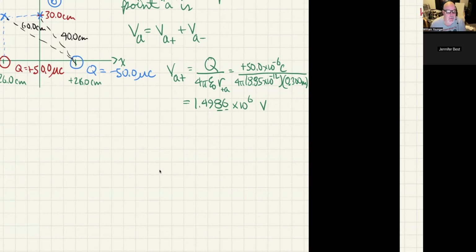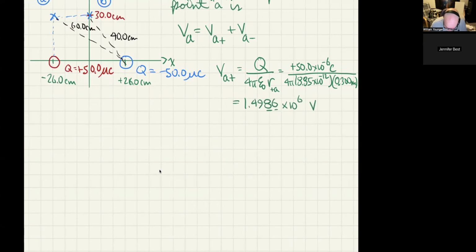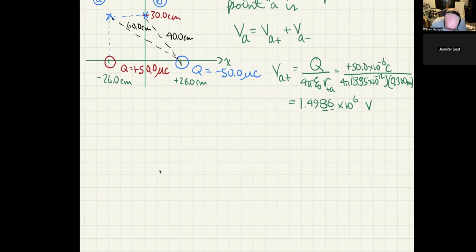Now let's try the second charge. The second part would be VA negative.